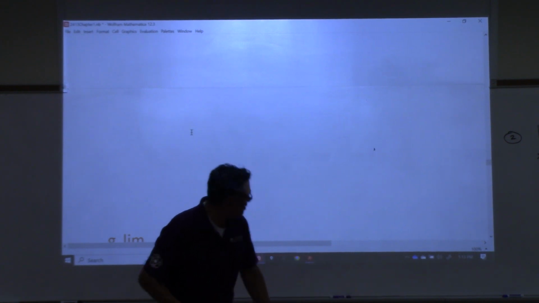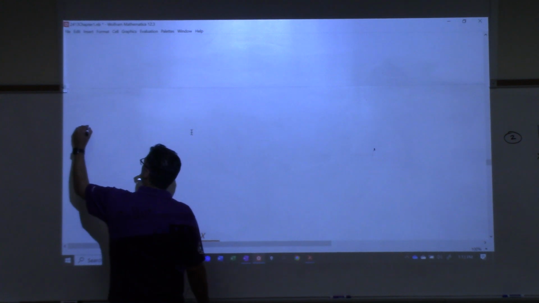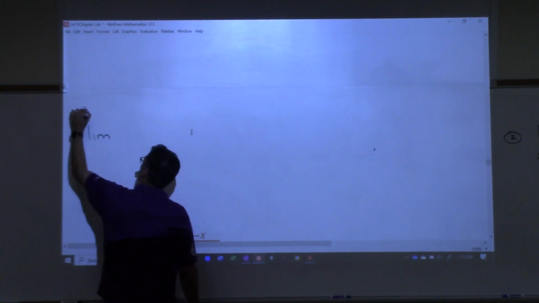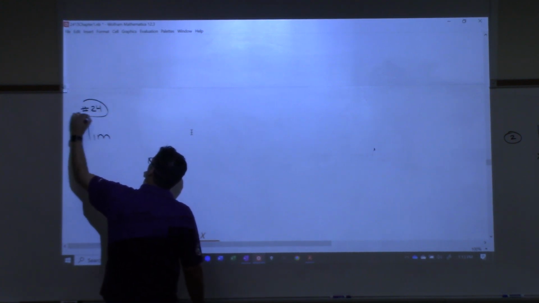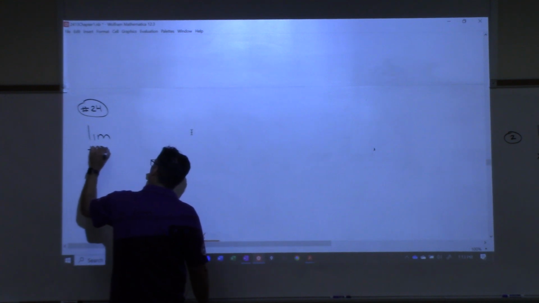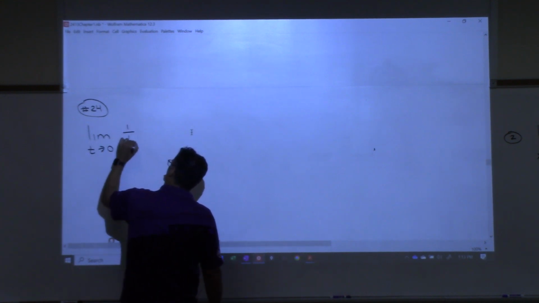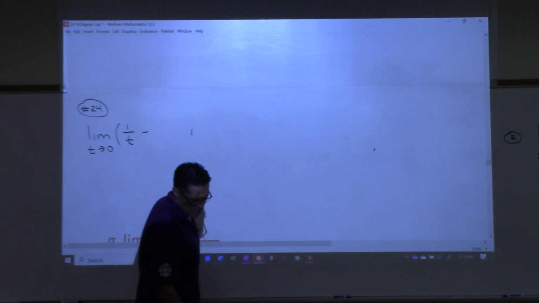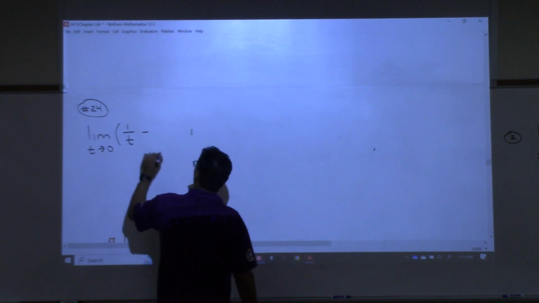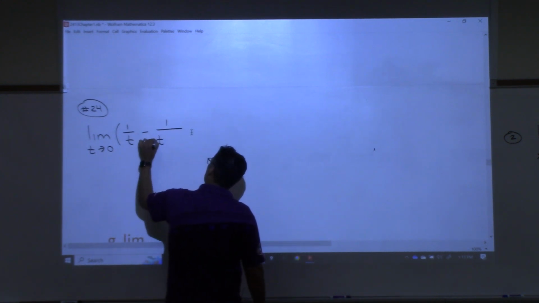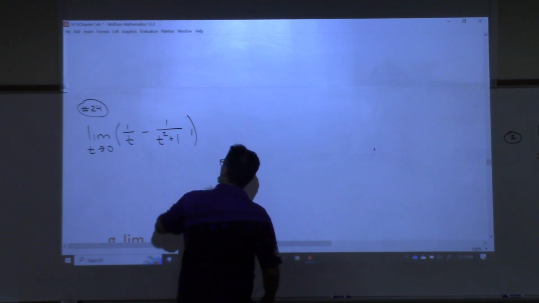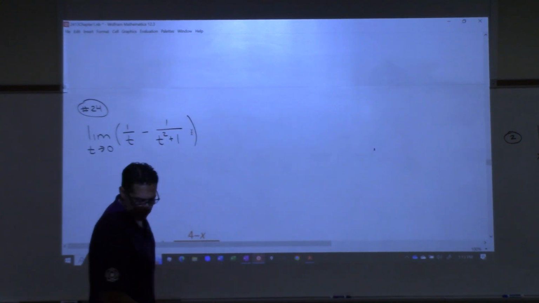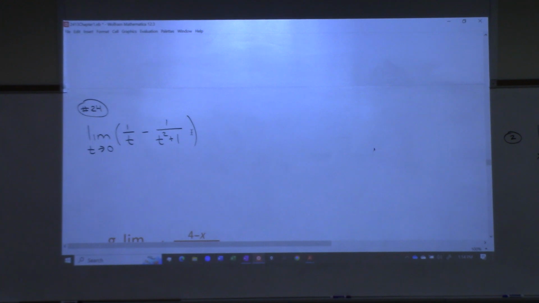Yes. Limit t goes to 0? Yeah, be happy to do that one. So limit t goes to 0, 1 over t, parenthesis, minus 1 over t squared plus t. Yeah, t squared plus t, but I'm trying to move this thing out of the way. There we go.